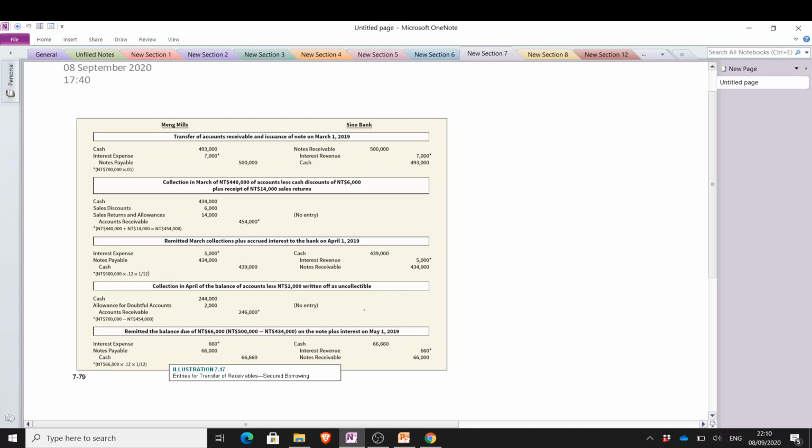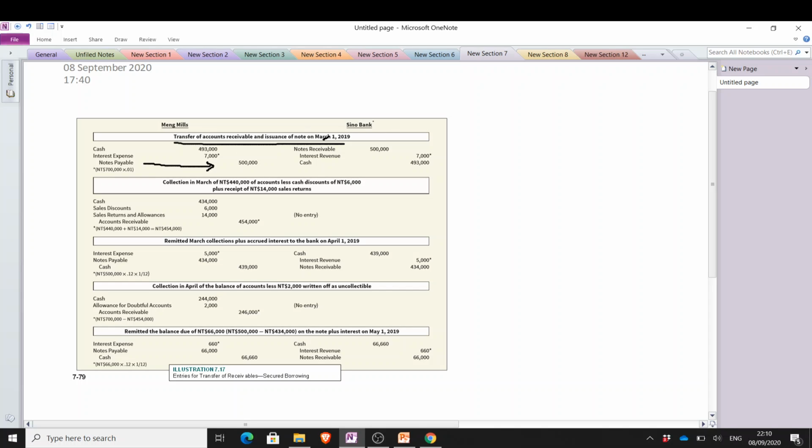So this is the Mang Mills book and the Sino Bank book. The first one is the transfer of account receivable and issuance of notes on March 1, 2019. So Mang only receives cash. First look at notes payable. It is credited as much as 500,000.